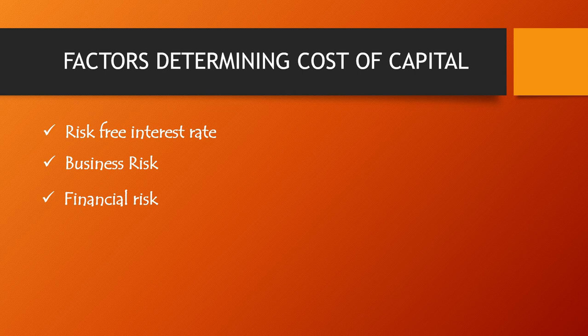Or I can say that financial risk does not mean your business is not running. Financial risk means you are not able to pay the debts. For example, I am having a profit, you can see in my balance sheet, you can see in my profit and loss account that I am earning the profit. But that profit is not in cash form.